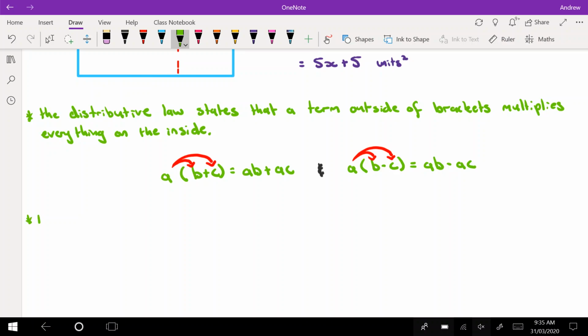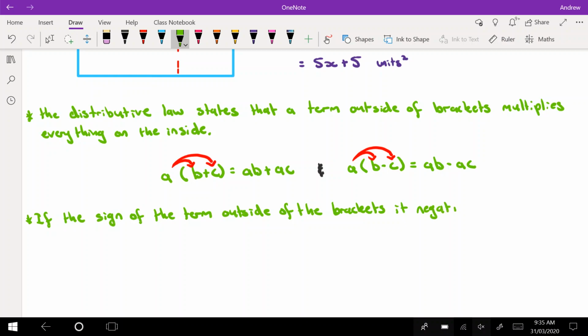But if the sign of the term outside of the brackets is negative, so if the outside term is negative, it changes all signs inside our bracket.